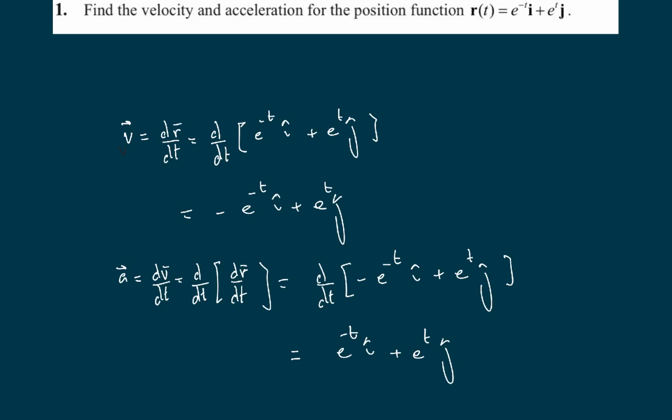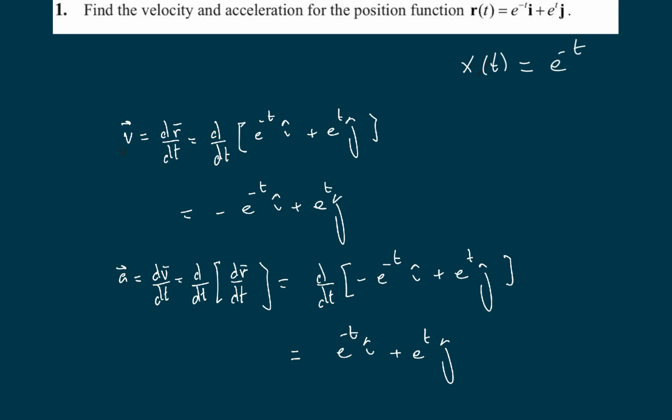The first problem says find the velocity and acceleration for the vector value function r of t that is e to the minus t i plus e to the t j. So this vector position is a function whose x of t is e to the minus t.